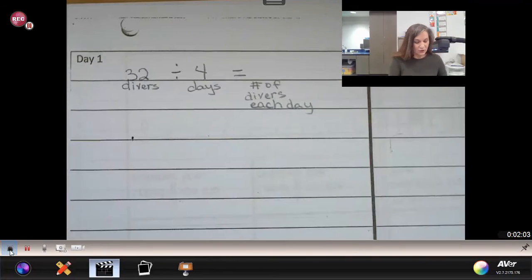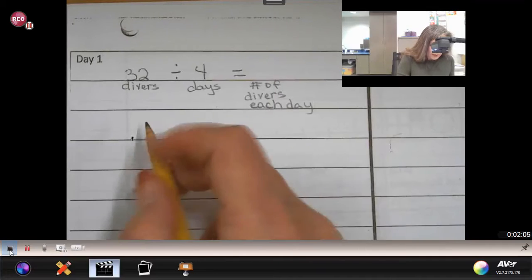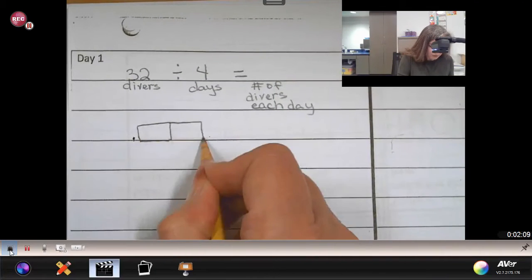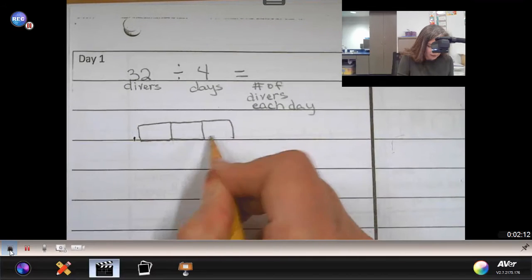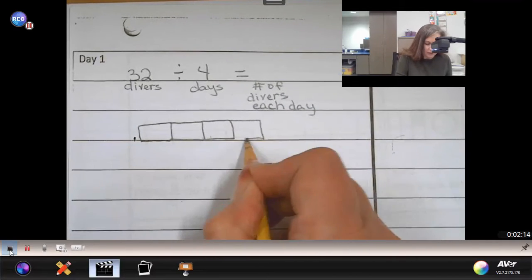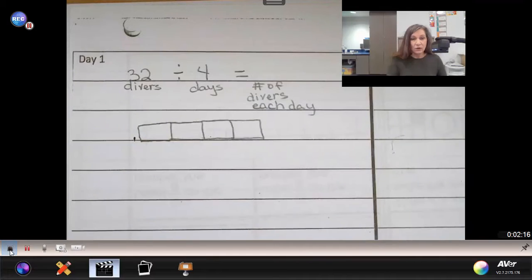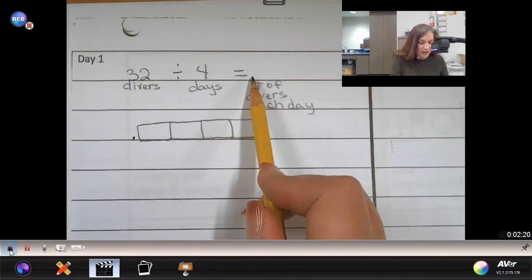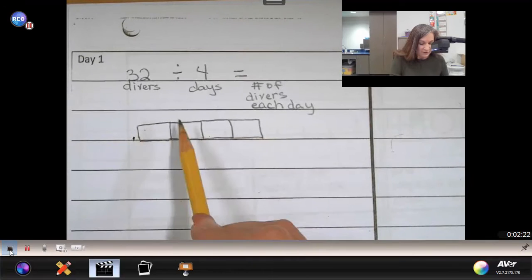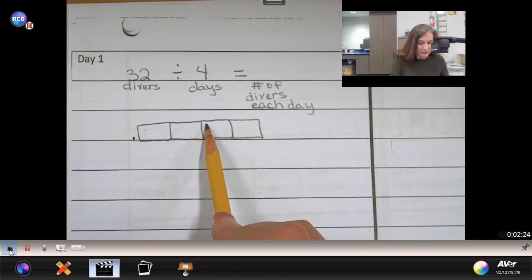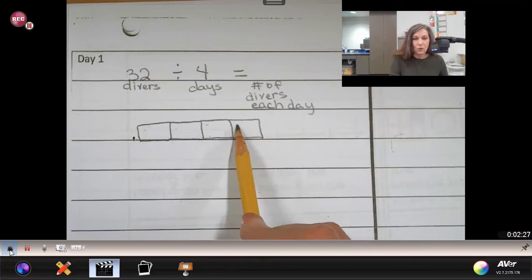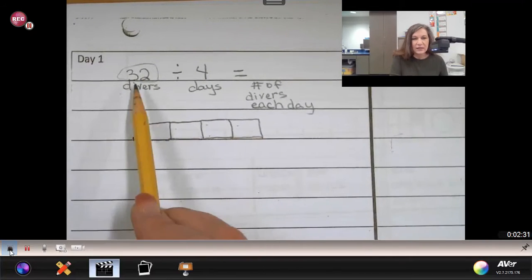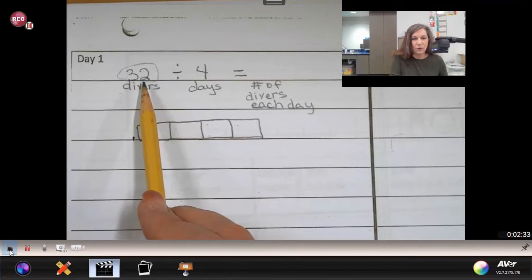So if I take the 32 and break them up into 4 equal groups, I want to know how many there are for each day. So if I were to start with 5 each day, that would be 5, 10, 15, 20. Well, that gives me at least enough to start me off to getting to that 32 broken apart.